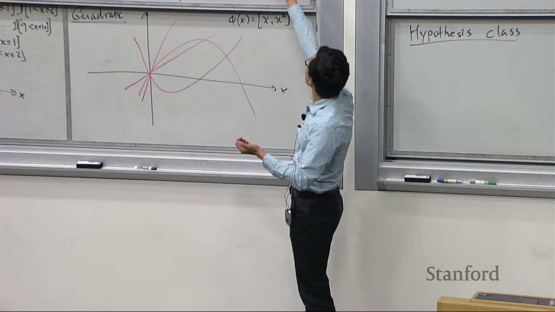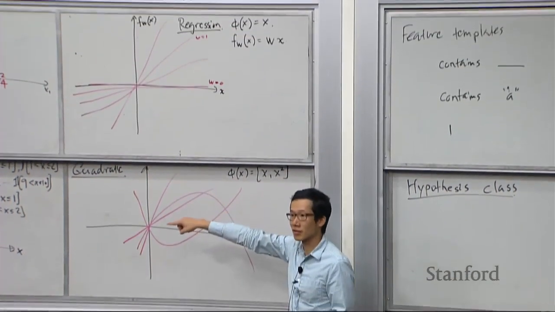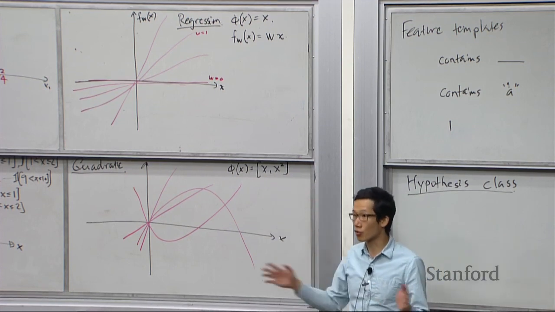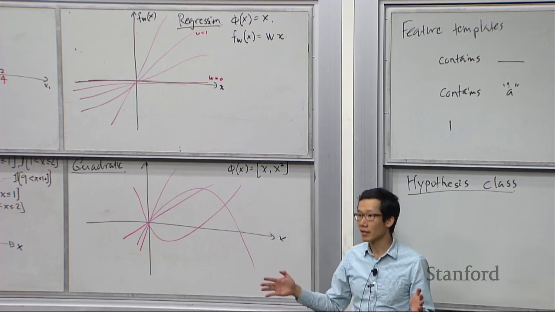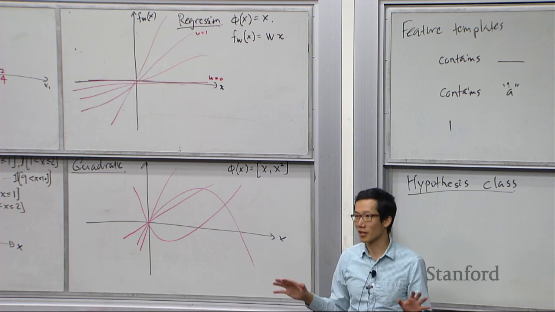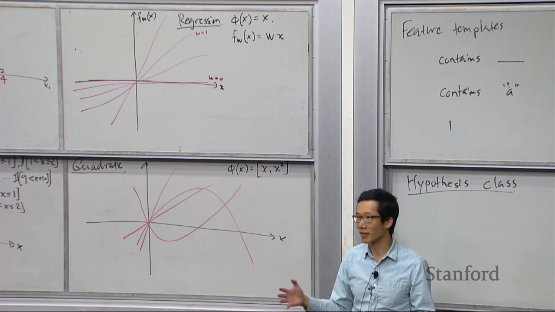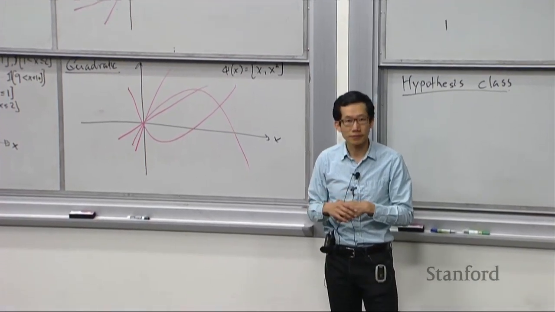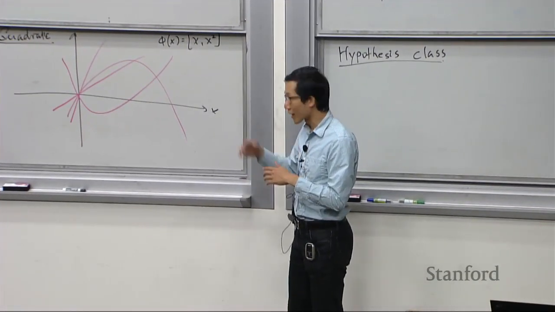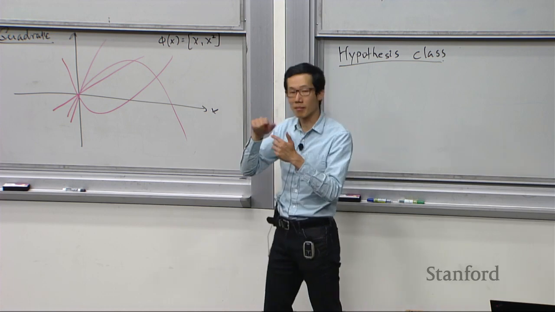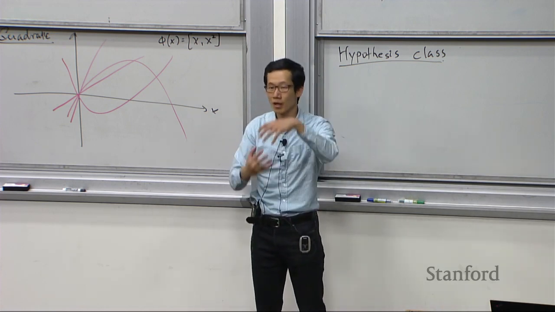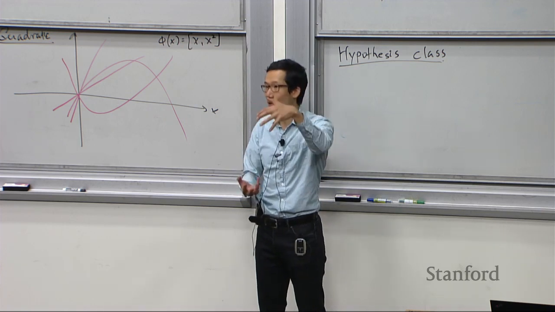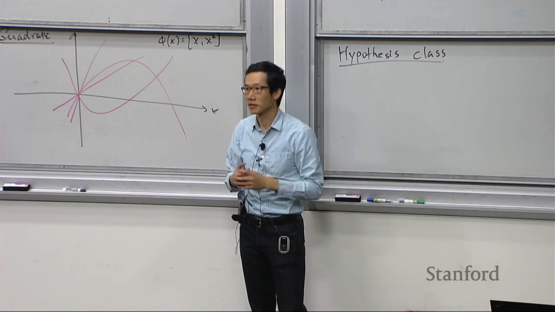In this case, it is. In these cases, it's not. In other cases where x is a string, for example an email address, it doesn't even make sense to ask whether the function is linear in x, because x is a discrete object. In that case, you can still map x, a string, into a feature vector, and then the functions are linear in that feature representation.